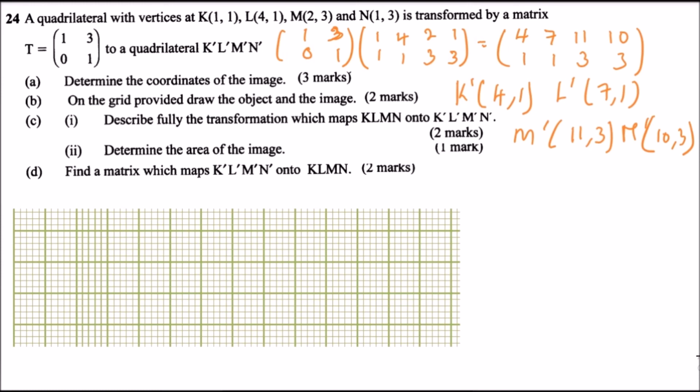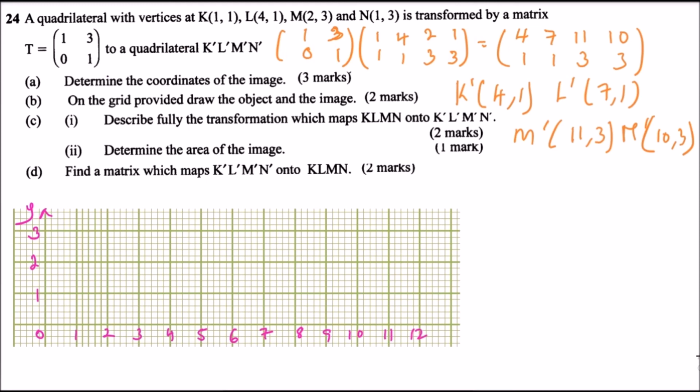So I'll start from here. It is 0, we have 1, 2, 3. So that is my y. The x, we start with 1. We have 2, 3, 4, 5, 6, 7, 8, 9, 10, 11, and 12.